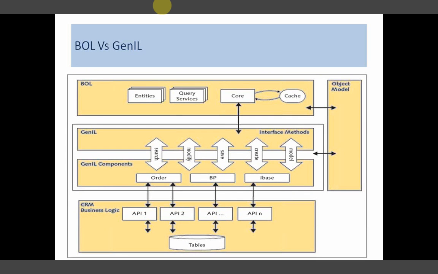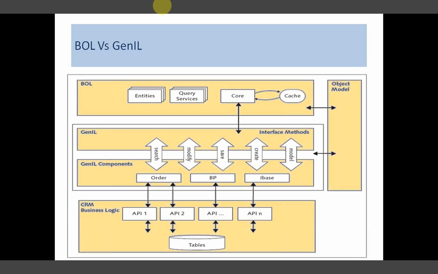Now we will see that in the business layer there are two layers. One is BOL, the business object layer, and the other is the generic interaction layer. Let me repeat it again: there are two layers in the business layer.